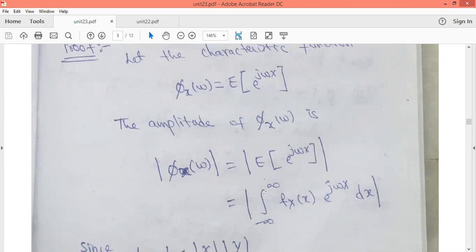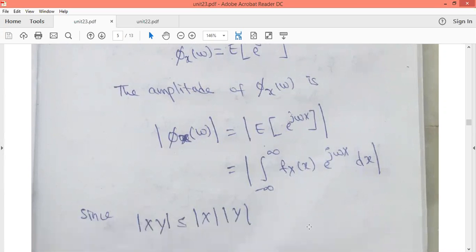The expectation is given by the integral from minus infinity to plus infinity of fx of x e power j omega x dx. From the magnitude relation, we know that mod of xy is always less than or equal to mod x into mod y.